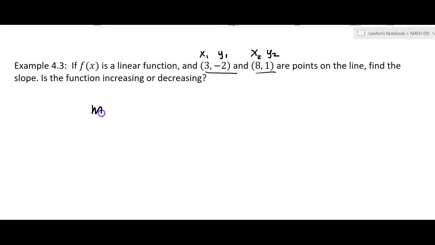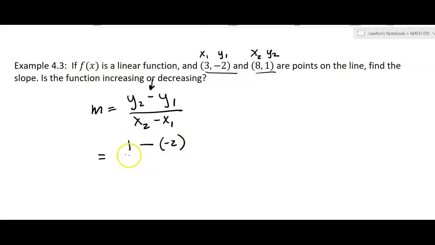So to calculate the slope, let me just write the formula again. And then we're just going to put in the values. So our y sub 2 is 1, minus, the minus is part of the formula, okay? And then it's going to be negative 2 because y sub 1 is negative 2, over x sub 2, which is 8, minus 3 because x sub 1 is 3.